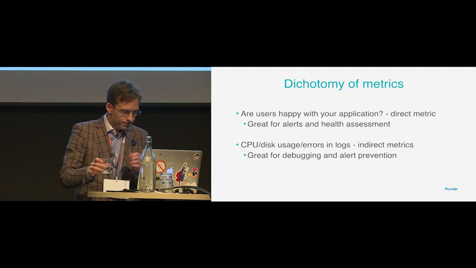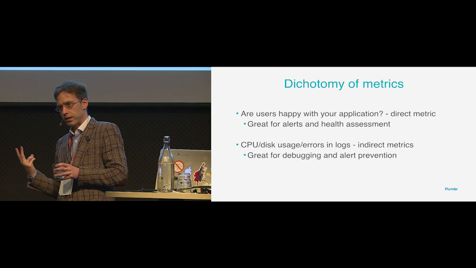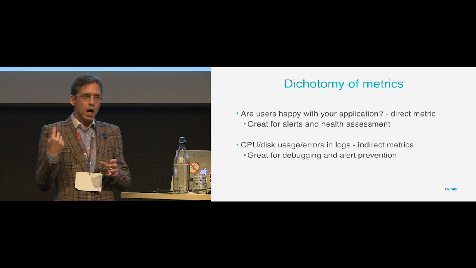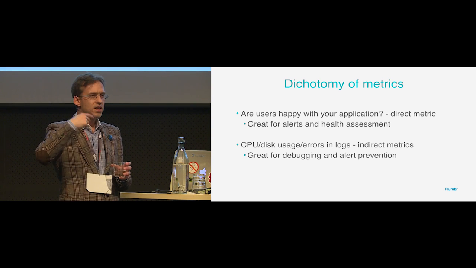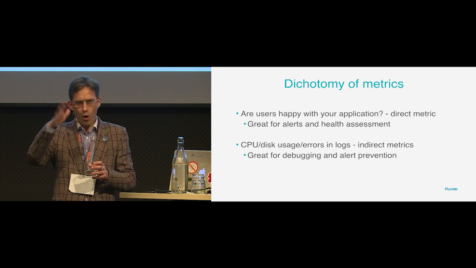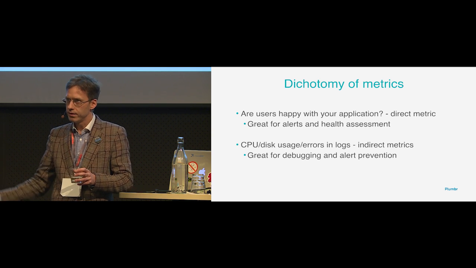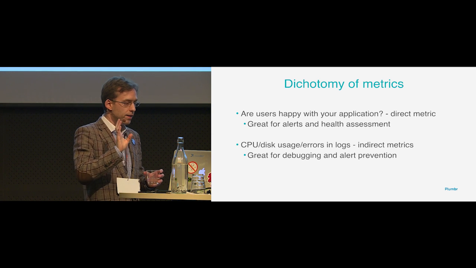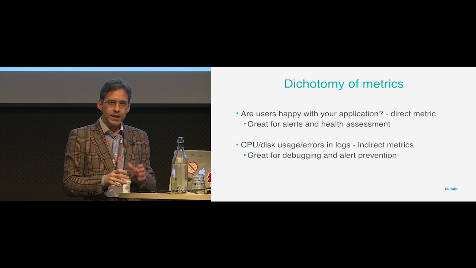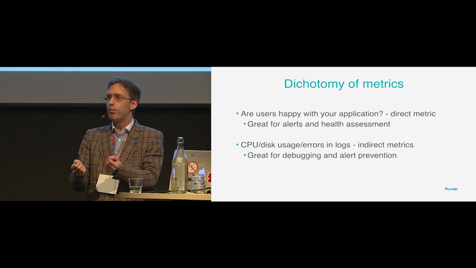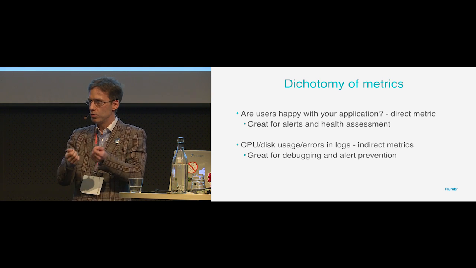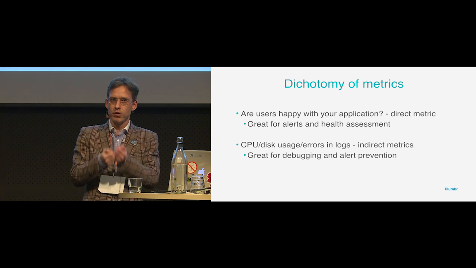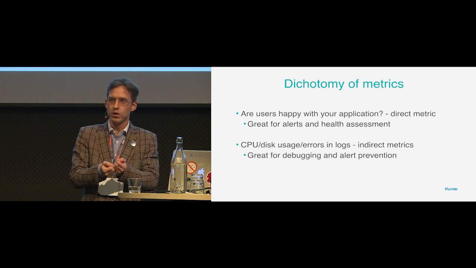That gives us two types of metrics. Those user happiness metrics, however you define user happiness, are direct metrics that can and should wake you up in the middle of the night when something goes south, because that means your end users are really affected and you want to solve that.